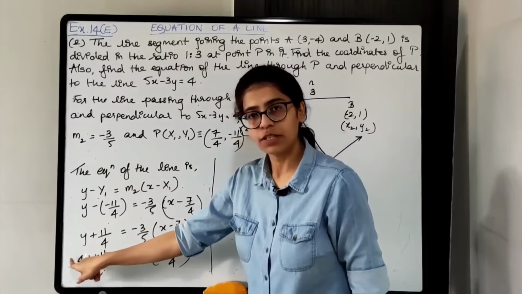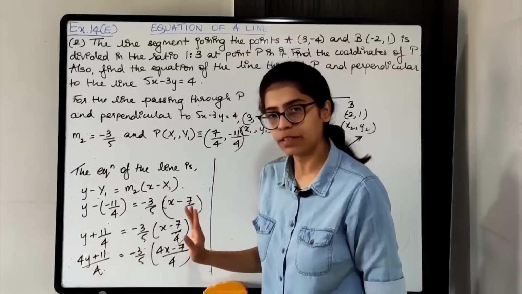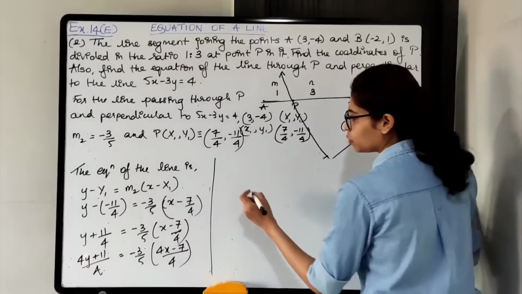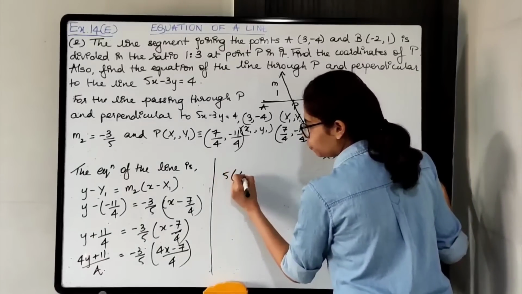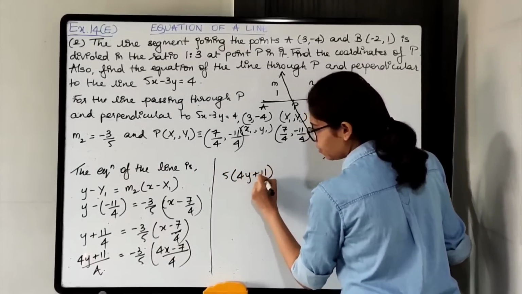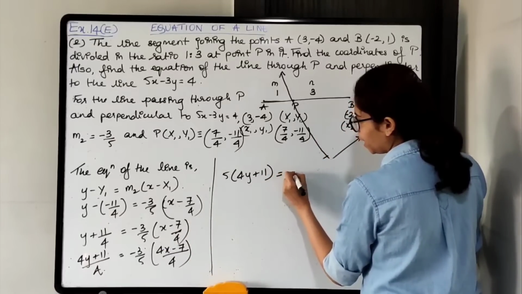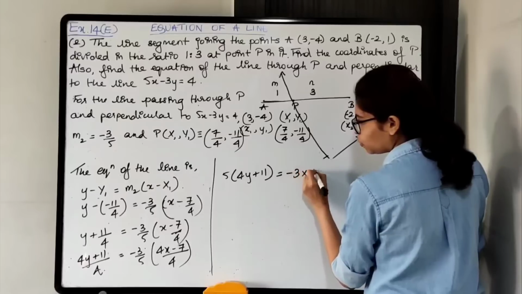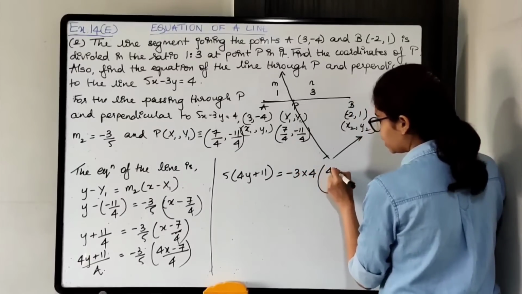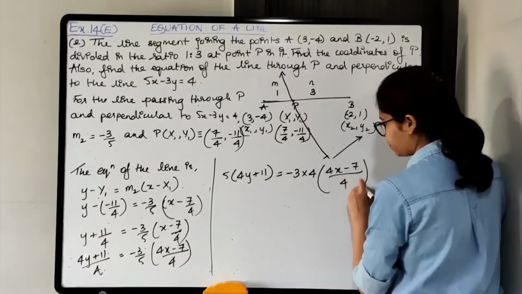5 will shift over here, so it will get multiplied, and here the 4 will get multiplied. So cross multiply. 5 into 4y plus 11, and shifting 4 over here, is equal to -3 into 4x minus 7 over 4.